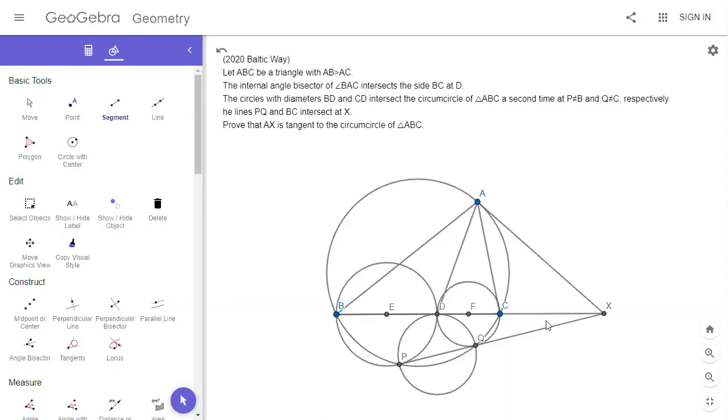And then XD squared is XB times XC. How does that follow? So I agree XD squared is XB times XC.